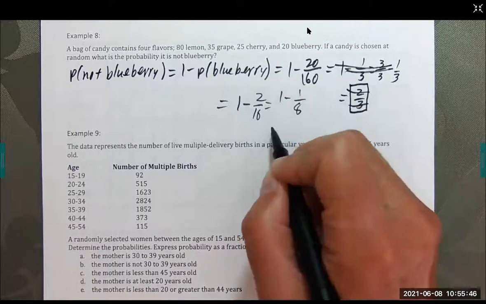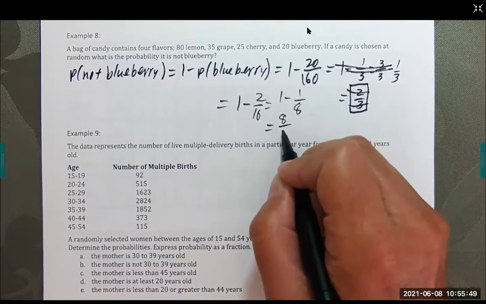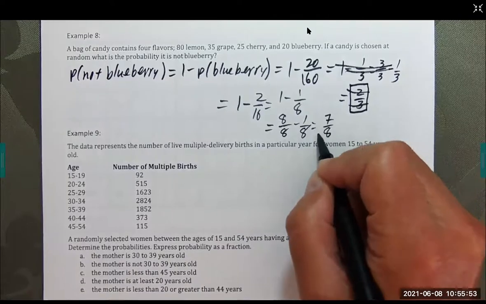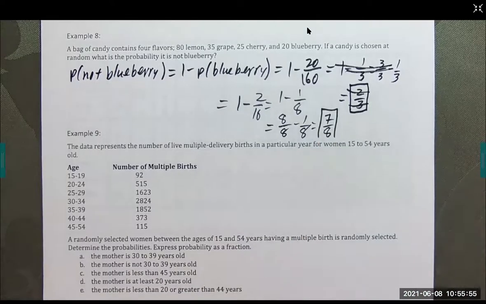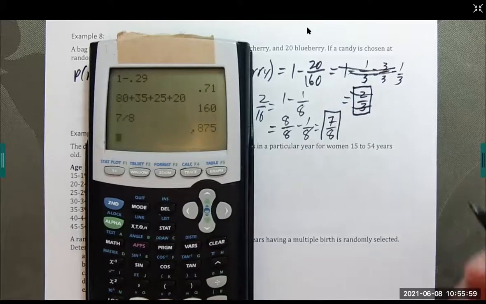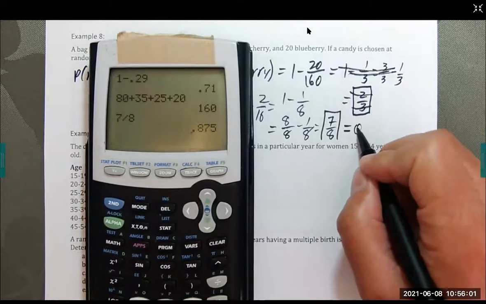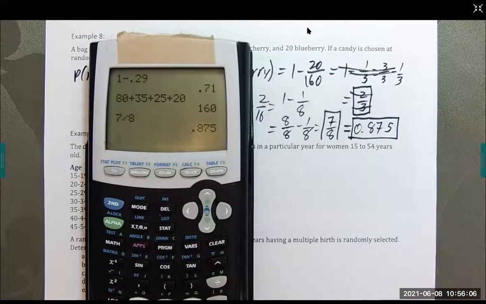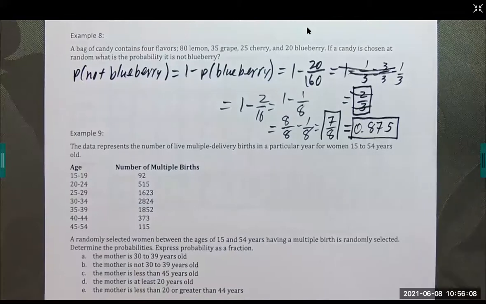There we go. 8 over 8 minus 1/8 is 7 over 8. That is a better number. And I can even get a decimal from that, 7 divided by 8. So there's an 87.5% chance that I'm not going to get a blueberry. Let's do another example, kind of hammer that in.